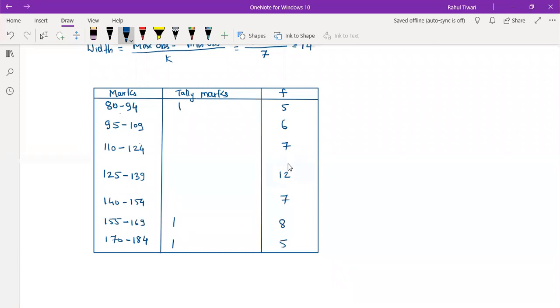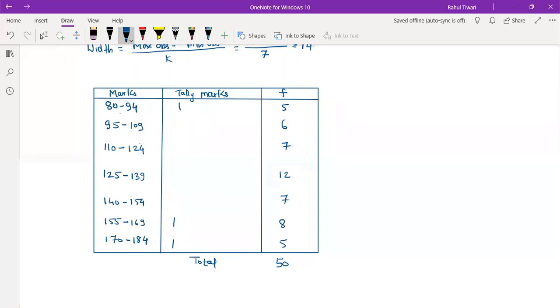Yes, 8, 5. So the total will be 50. Just count whether it is coming to 50 or not. Please match this answer with your answer. Shivam also gave the same answer: 5, 6, 7, 12, 7, 8, 5.